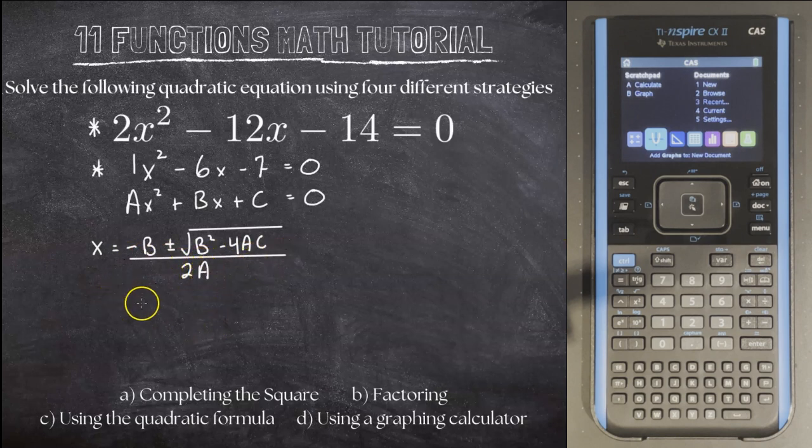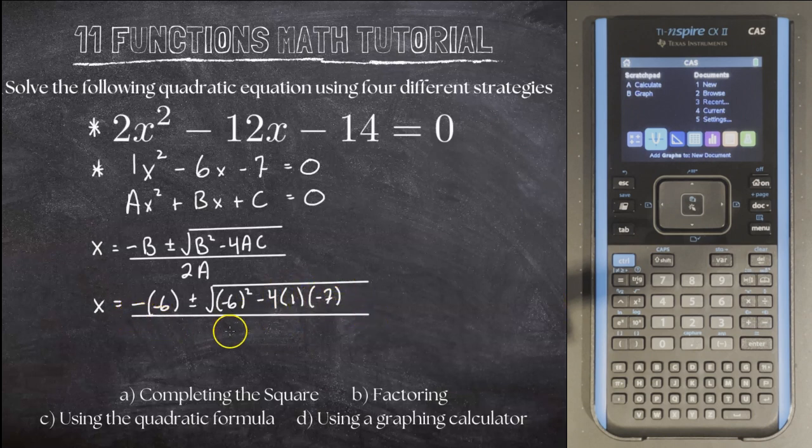So if we apply that to this case, okay, we have minus b. b is negative 6, plus or minus the square root of b squared, so negative 6 squared, minus 4. a is just 1, and c is negative 7.